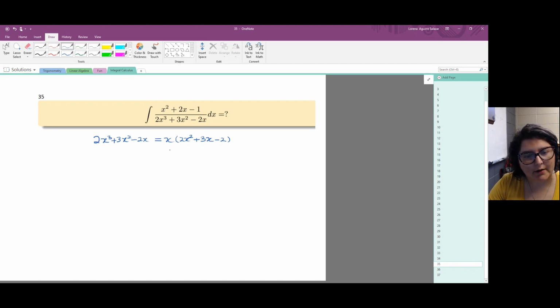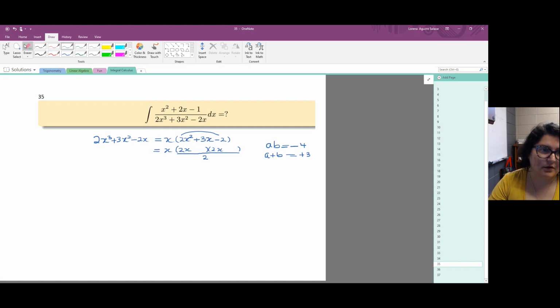And then to factor the quadratic, we can use various tools. One option is to write the coefficient of x squared times x in two separate brackets, and then divide by the coefficient of x squared. We find two numbers that multiply to the product of 2 by -2, so that's -4, and add to +3.